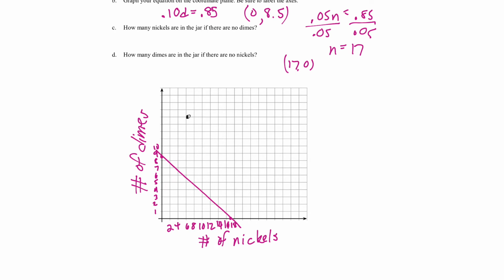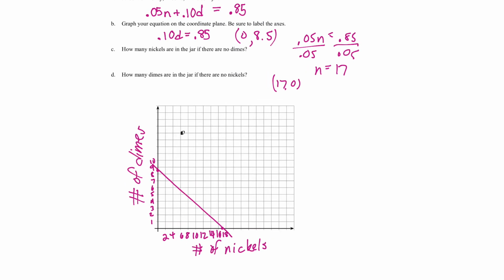All right, so how many nickels are in the jar if there are no dimes? So we did that above here, right? In this part right here, this is with nickels and 0 dimes. So there are 17.